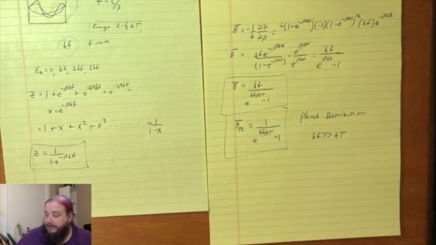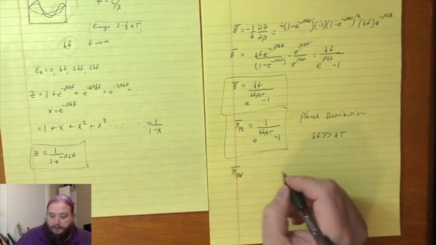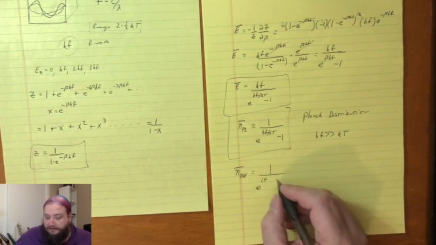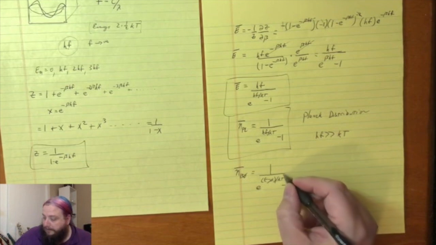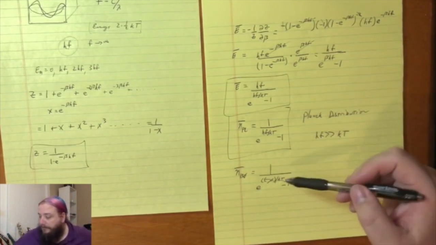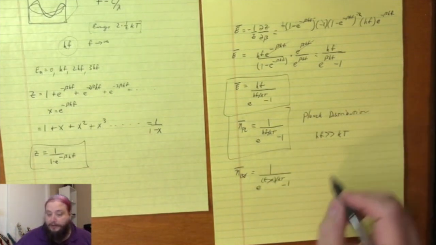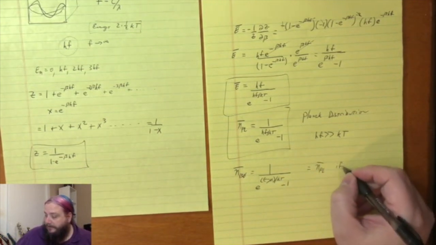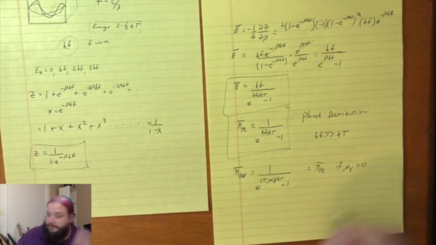And indeed, we can see that the Planck distribution looks rather similar to the Bose-Einstein distribution, which, if we recall, is 1 over e to the energy of a state minus the chemical potential of that state over kT, minus 1. And if we want to reconcile the Planck distribution with the Bose-Einstein distribution, all we have to say is that this equals the Planck distribution if the chemical potential associated with photons is 0.